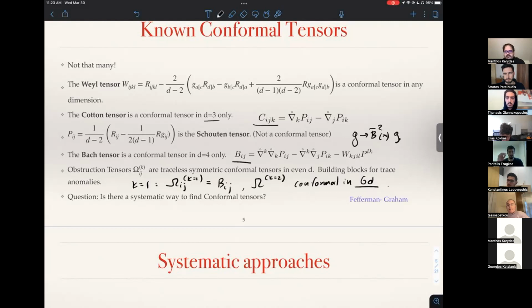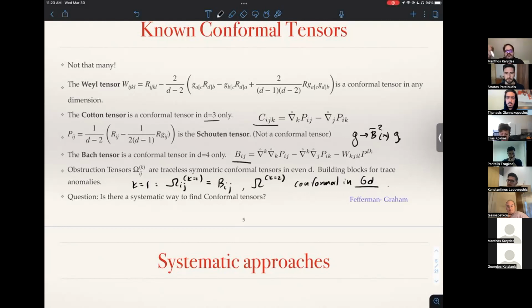You mean how many independent conformal tensors you find? Yes. My impression is that the obstruction tensors will be a kind of complete basis, although I haven't explicitly seen it proven. But this is a good point. Yes. Yeah, I don't know.